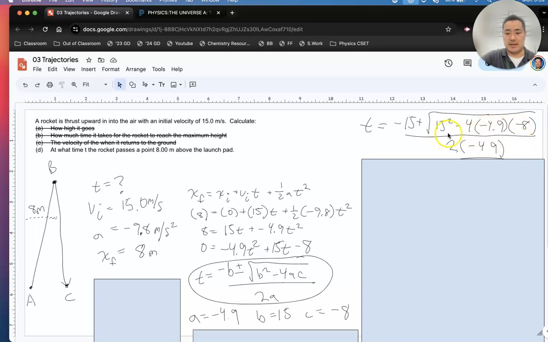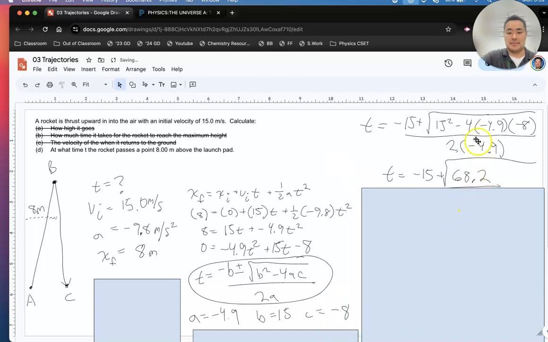We just get these values from a, b, and c of the quadratic formula, which was derived from this sequence. All divided by 2 times negative 4.9. That's our a.